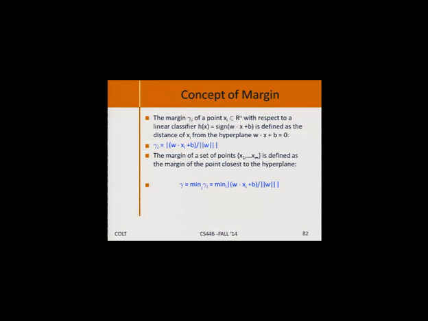So it's basically the size of w·x_i + b with normalized w. That's the distance. You've done a problem set on this, you computed it. If I have a set of points, the margin of the set of points is the minimal margin. So I'm doing a minimum over all i's.